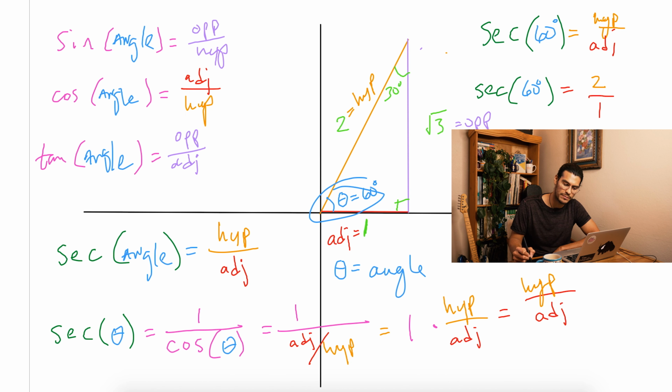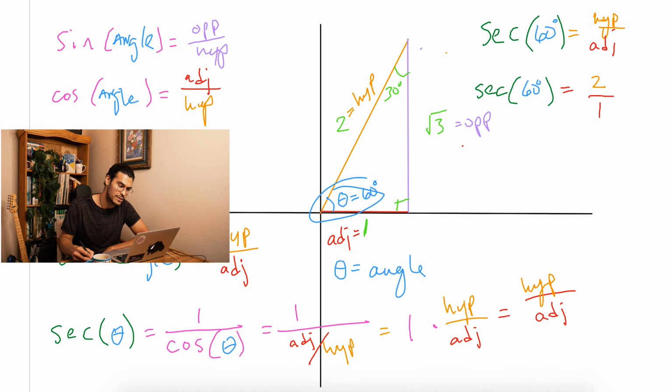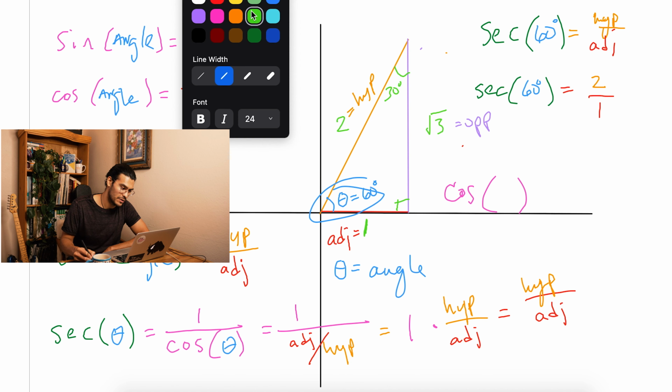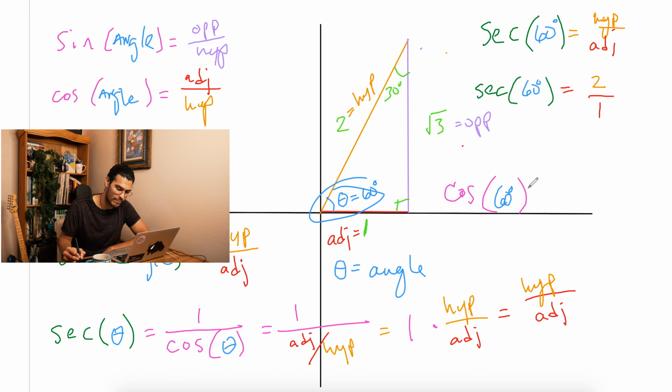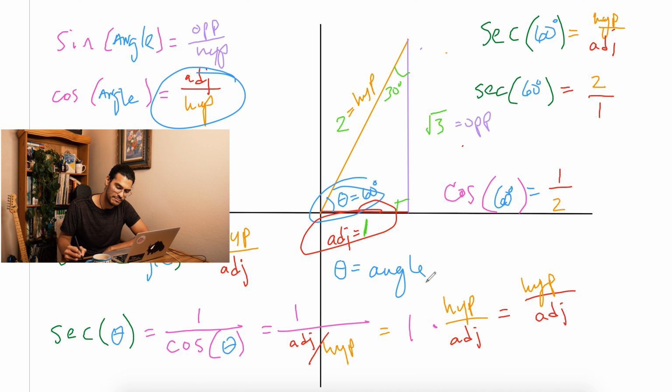is 2 over 1. We could have done this by saying, okay, if we want to know secant, we could have said, what is the cosine of 60 degrees? And we could have looked over here and said, cosine is adjacent over hypotenuse. And we could have said, okay, from 60 degrees, this adjacent side is 1, and the hypotenuse is 2, right?